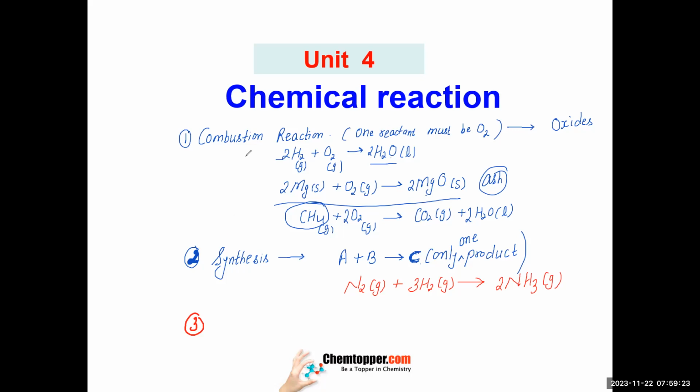Third type of reaction. So combustion done, synthesis done. Now third, you will see decomposition. It's a very popular reaction. We are going to do many decomposition reactions. You know the meaning of decomposition? Breakdown. Yes, Anil, decomposition means breakdown.